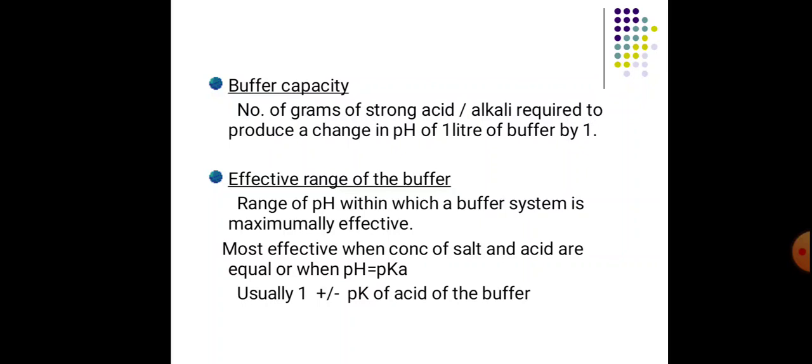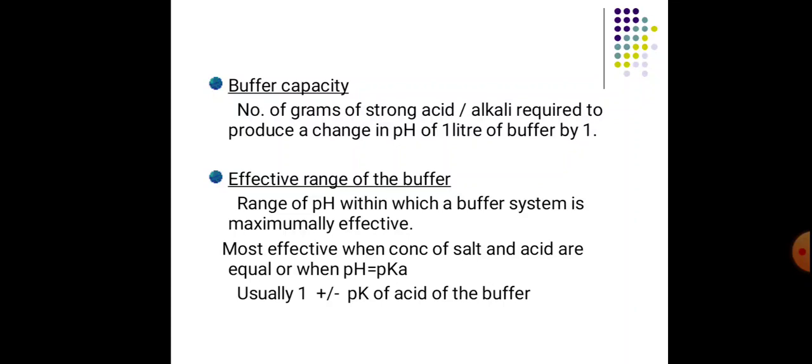When pH is equal to pKa, the buffer is most effective, that is when the concentration of salt and acid are equal. Usually, the effective range of pH is 1 plus or minus pKa of the acid of the buffer. It usually varies 1 unit, either addition or subtraction of pKa. That is the effective range of buffer. Maximum buffering action is when the pH is equal to pKa.